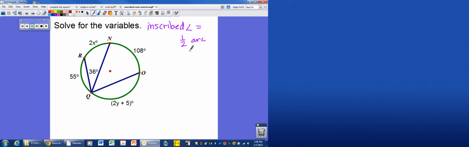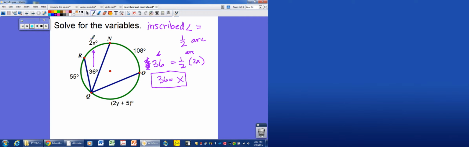Okay, so if this is a 36 degree angle, the angle equals half of the arc. Okay, this is the angle, 36 degrees. This is the arc, 2x. So the angle equals half of the arc, so 36 must equal x. Okay, solving for that variable.